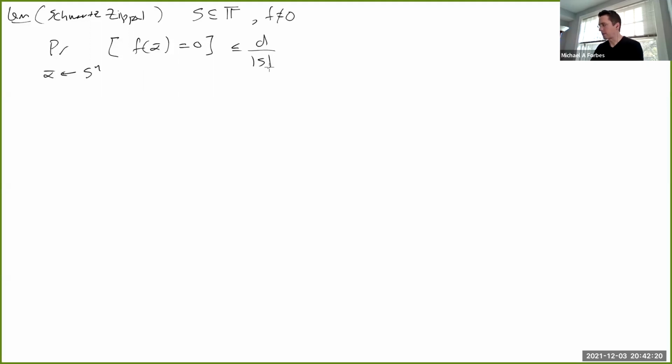But the point is that if we let S, the size of our set in our field, be twice the degree, then this is at most 1/2. And so the corollary of this would be that PIT has a randomized algorithm running in time polynomial in n, d, and s.